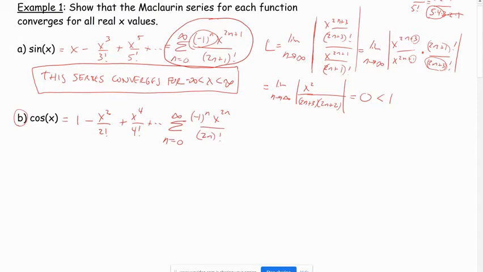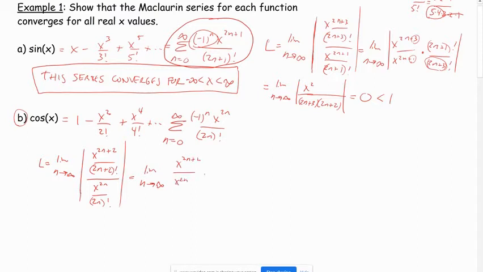And so if we set up the ratio test, L is going to be the limit as n approaches infinity of x to the 2n plus 2 over 2n plus 2 factorial divided by x to the 2n over 2n factorial. And that is the limit as n approaches infinity of x to the 2n plus 2 over x to the 2n, and then 2n factorial over 2n plus 2 factorial.